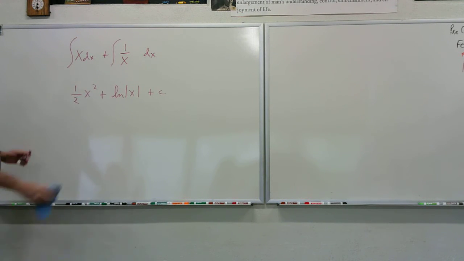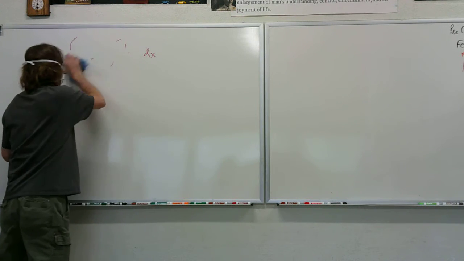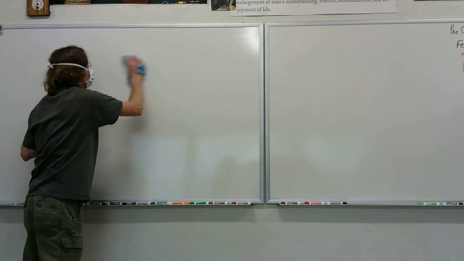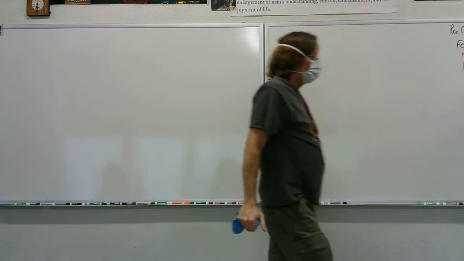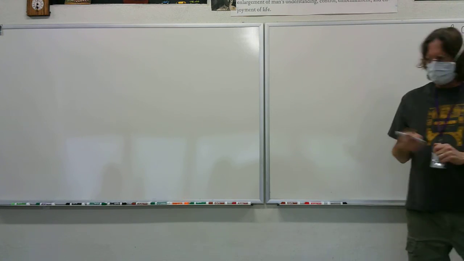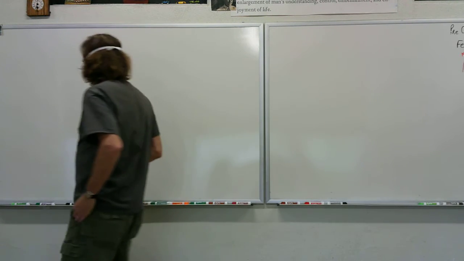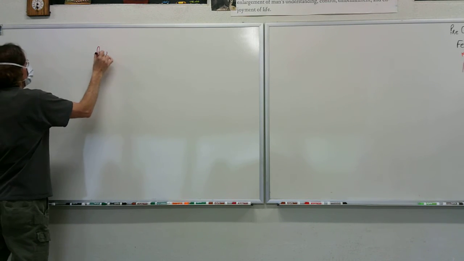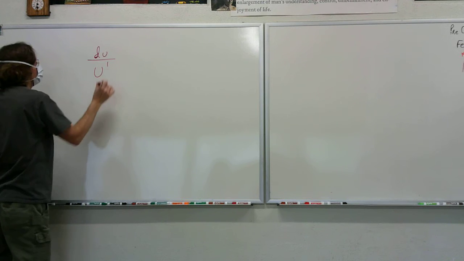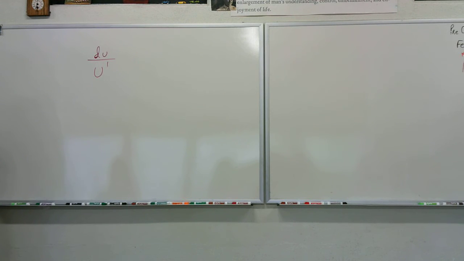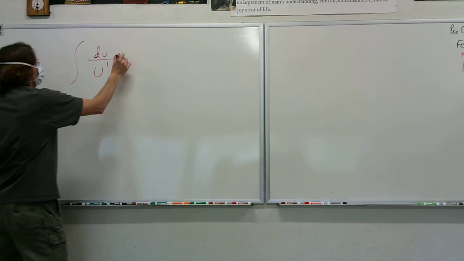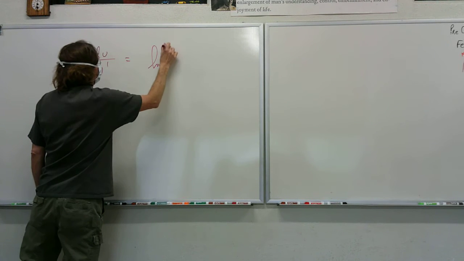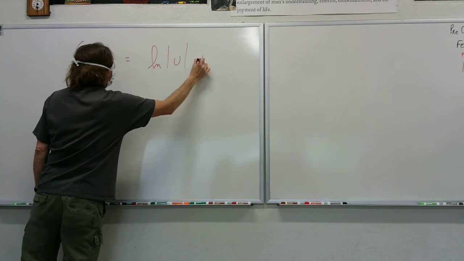All right. Now, if you see the derivative of something in the numerator and you see u to the first power in the denominator, and you're integrating that, that gives you the natural log of that whole u part in the denominator.